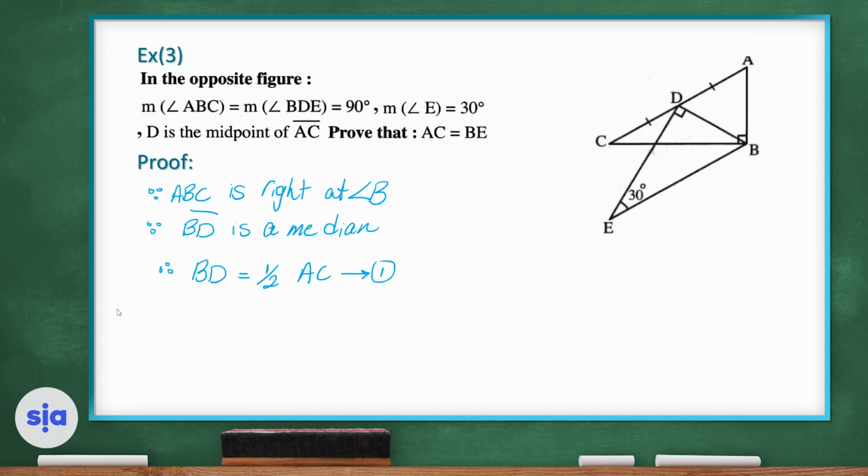In triangle DEB, since it is right at angle D and the measure of angle E is 30 degrees, then BD is half EB.